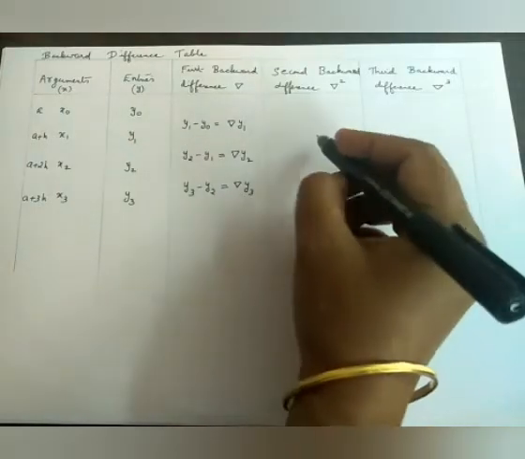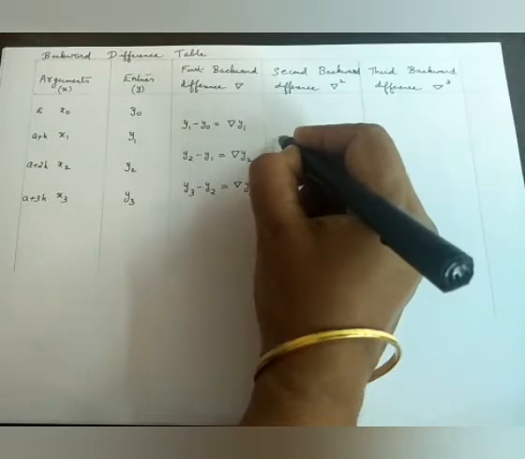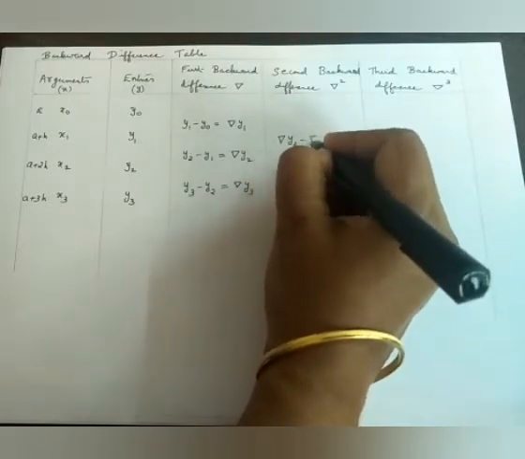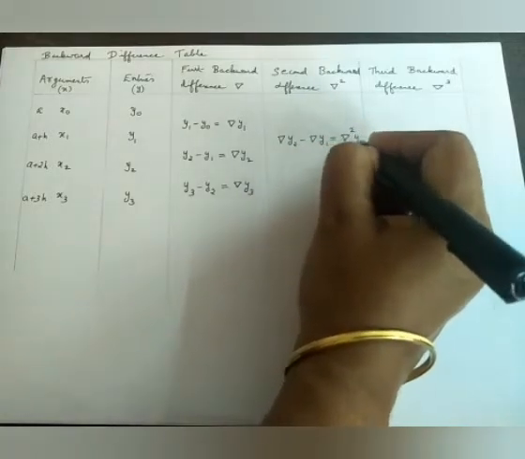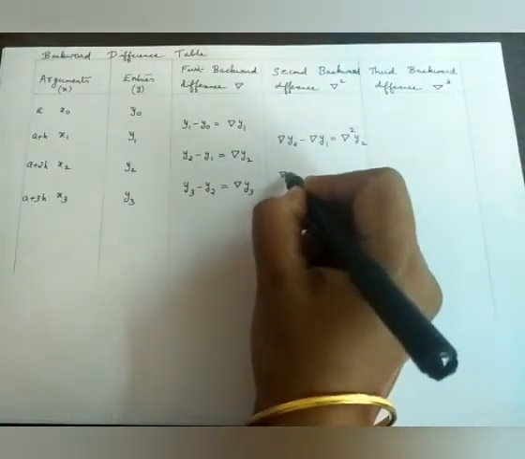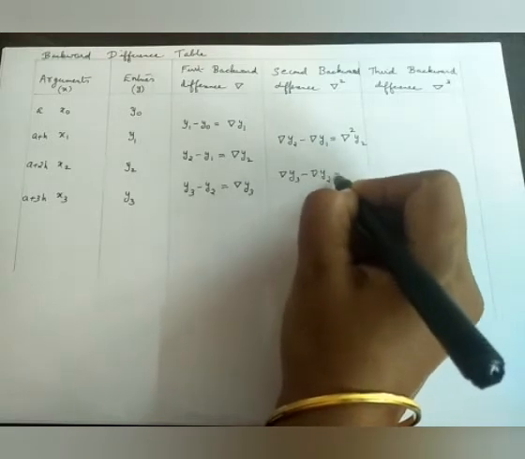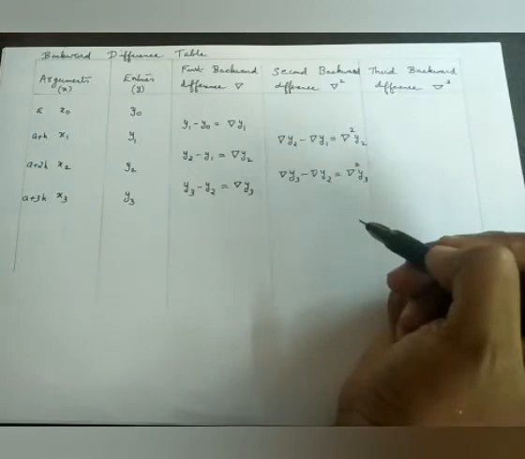These are the first backward differences, del y1, del y2 and del y3. Now we can form the second backward differences, which are the differences of the first backward differences, that is del y2 minus del y1, which is equal to del square y2. Now del y3 minus del y2 is equal to del square y3, and so on.